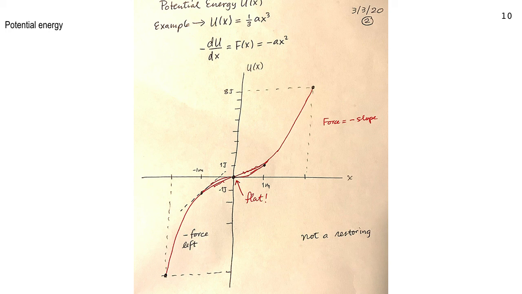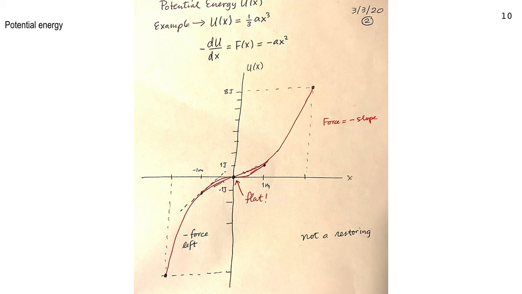So let's go back here. What was this? So 8 and 1. Okay, so let's go up to 8 units, 8 joules. There's 4. There's 2. There's 1. There's 3, 6, 5, 7.